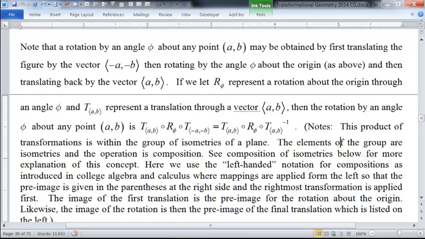This is the way it's typically done in composition of functions in your beginning algebra classes, college algebra, pre-calculus, trigonometry, calculus, and so forth. A lot of times you'll see this even in your linear algebra books. So I'm going to use this notation. I actually personally prefer writing this backwards, so that we start with the transformation on the left and work left to right. This is the way group theorists do it.